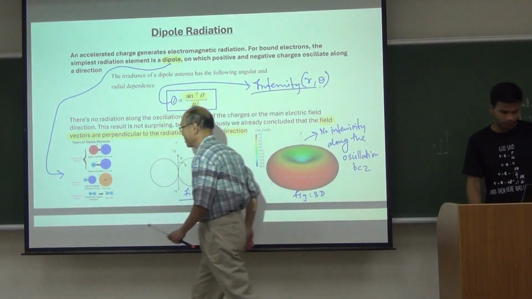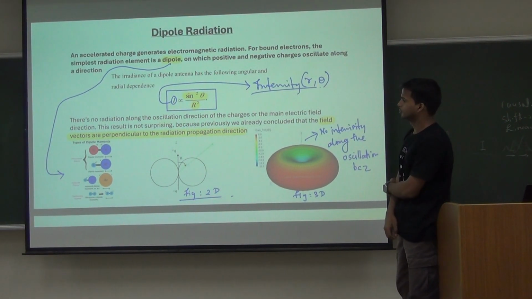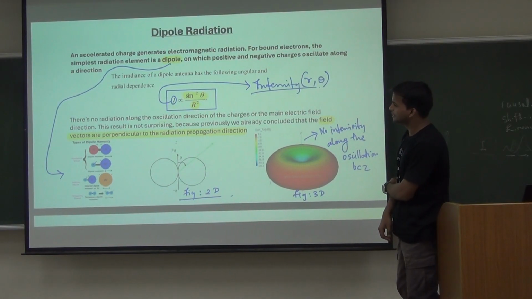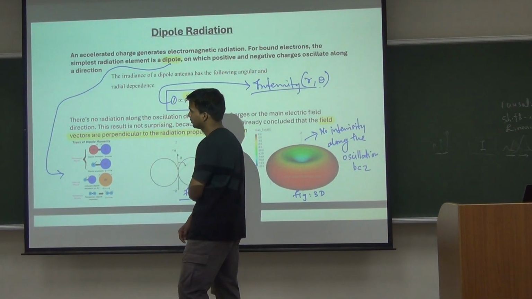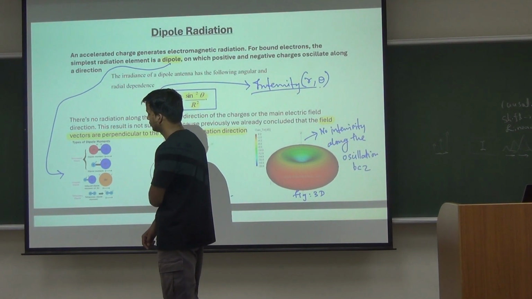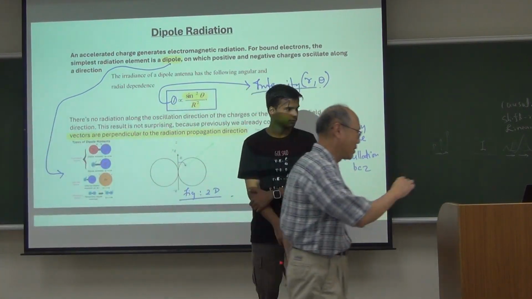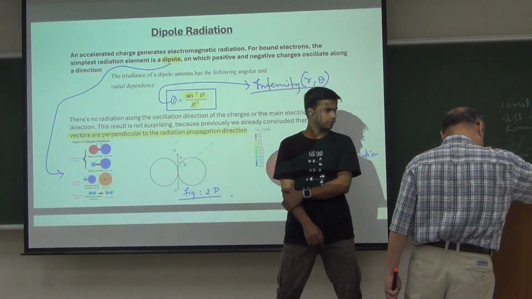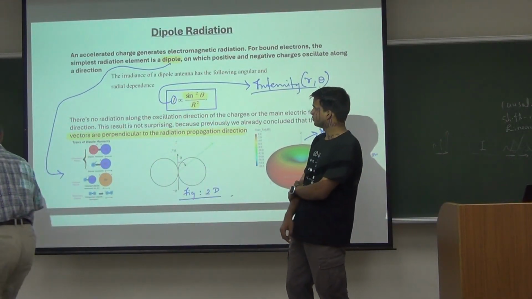This is a second question. I didn't get the question. But it's saying that if I have a dipole like this, supposedly all the radiation will go along this direction, and you cannot have radiation elsewhere.